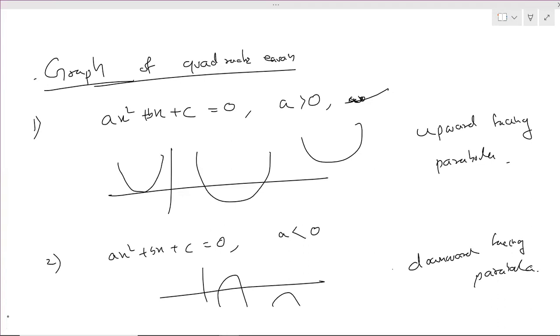One type is this also, where it just touches and moves on. Is it clear, Syaf?